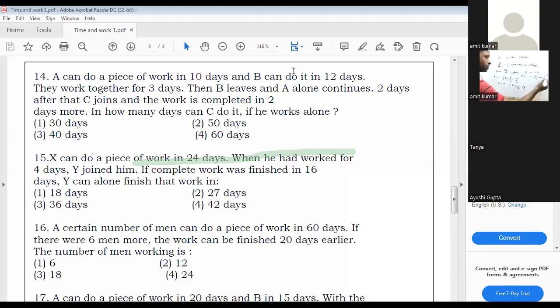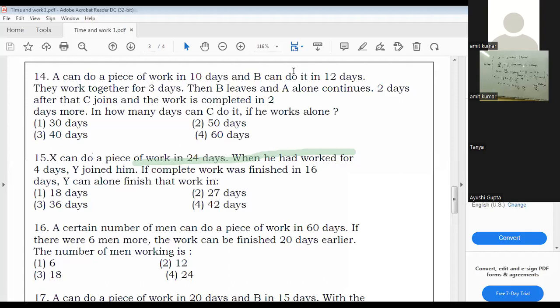Taking the LCM, 72 gives 3 units for X and 5 units for X plus Y. So 3 units are made by X, so 2 units are made by Y. What is asked in the question is how long Y alone can finish the whole work. 2 units, 72 divided by 2, that is 36 days. Still we are getting the same answer.